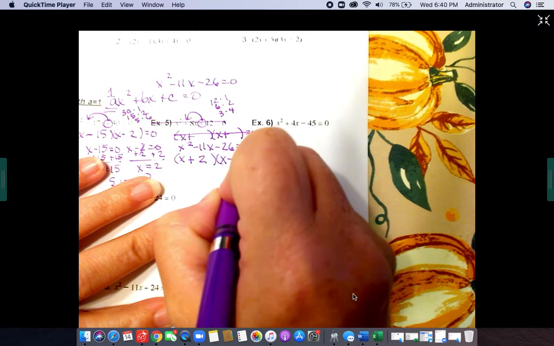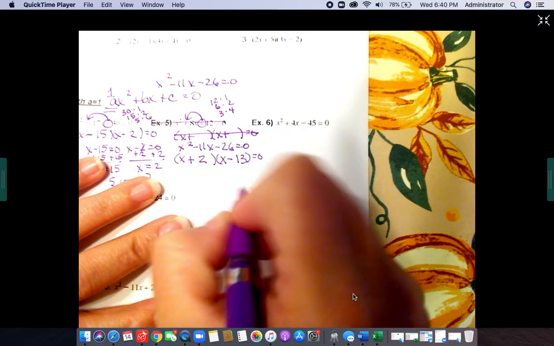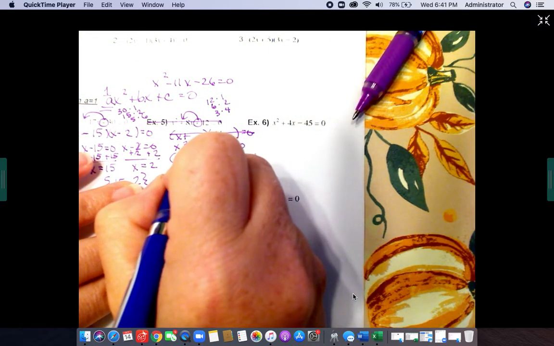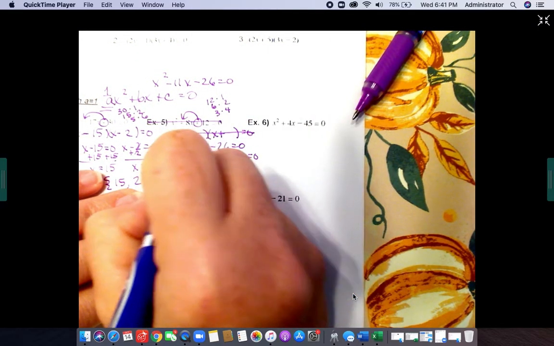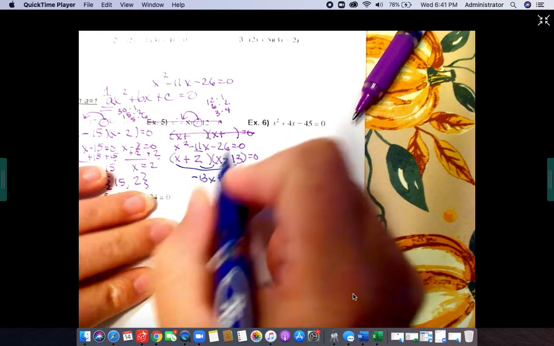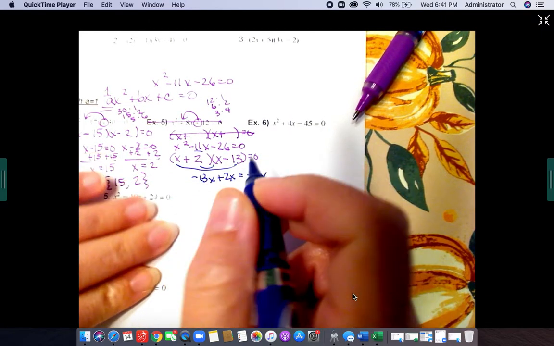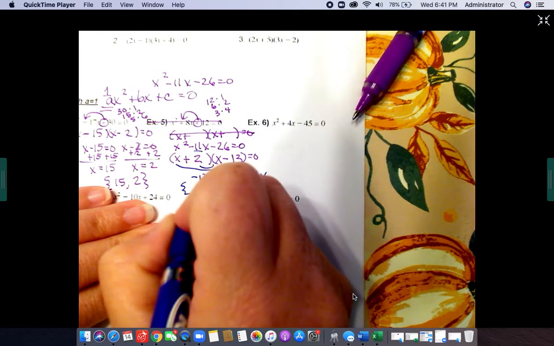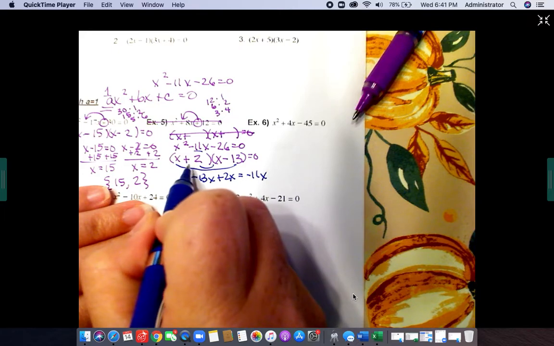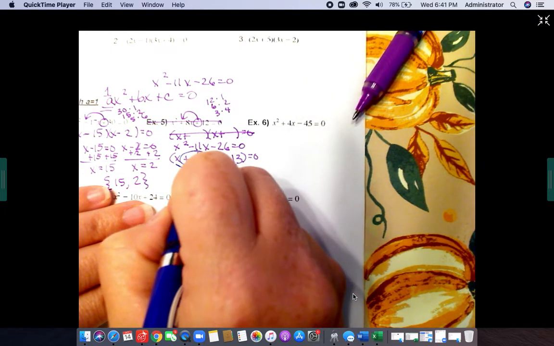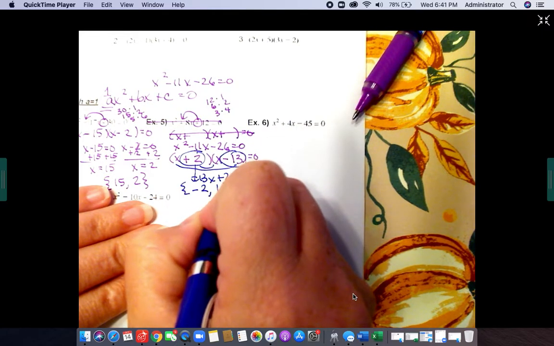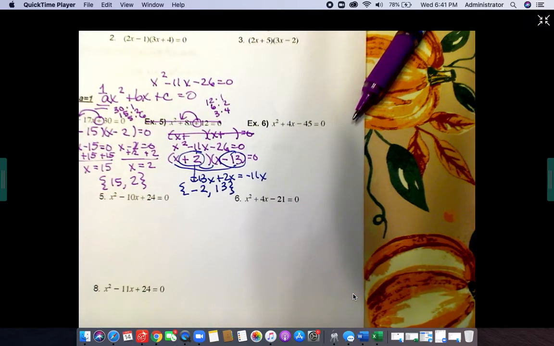So I could plug in a 2 and 13, and my job would be to see if my inner and outer came out to give me negative 11. And in this case, negative 13x plus 2x is negative 11x. So I factored it correctly. Now my solutions, I'm hoping you're picking up now. If I set this equal to 0 and solve, I'm really just going to get the opposite of this. So that's negative 2 and the opposite, positive 13.